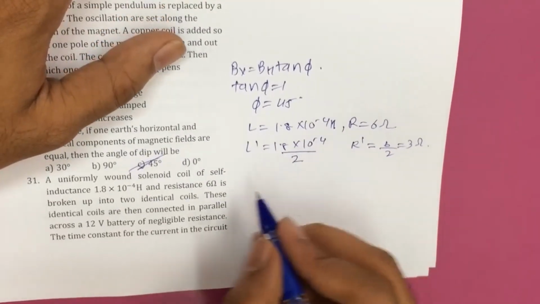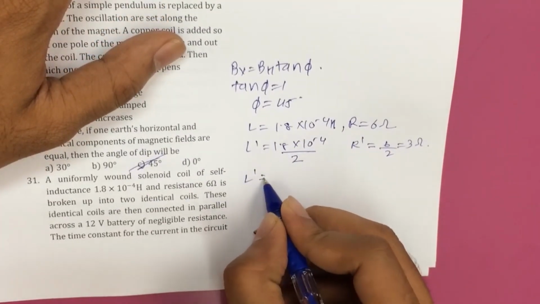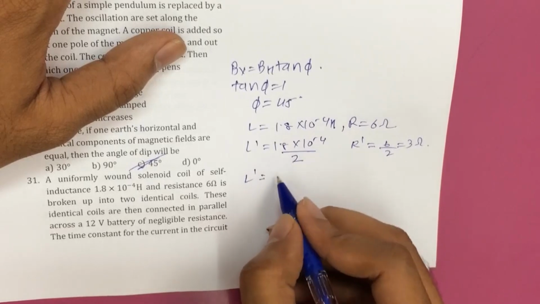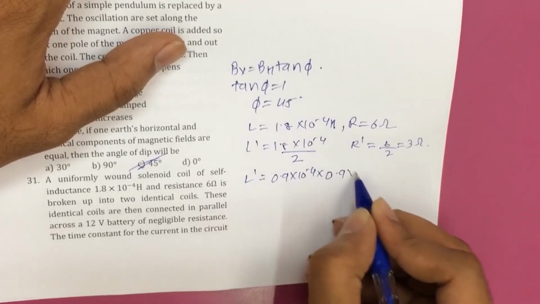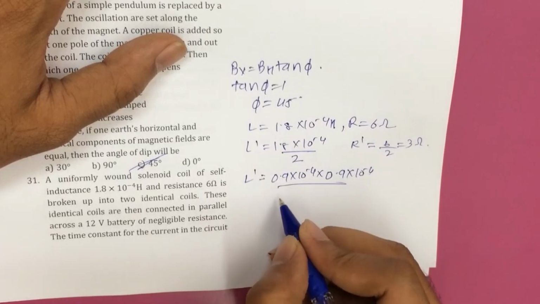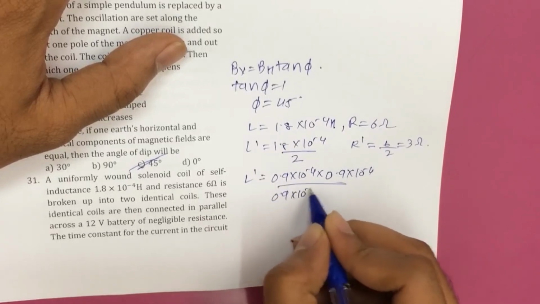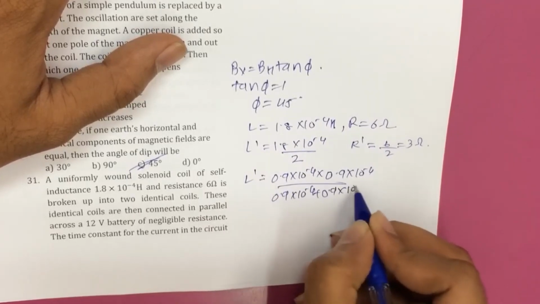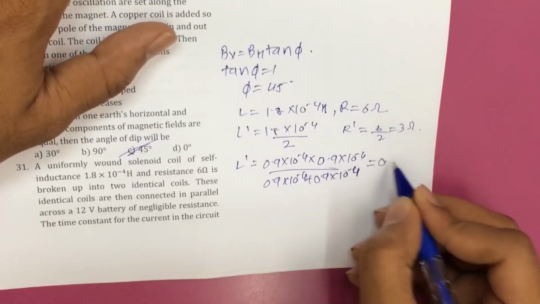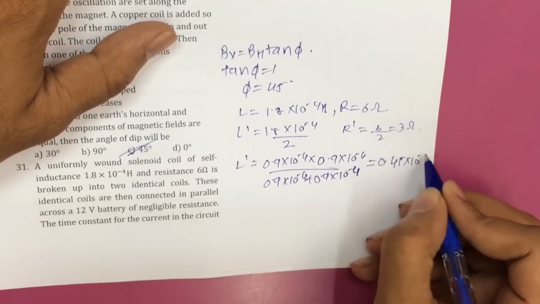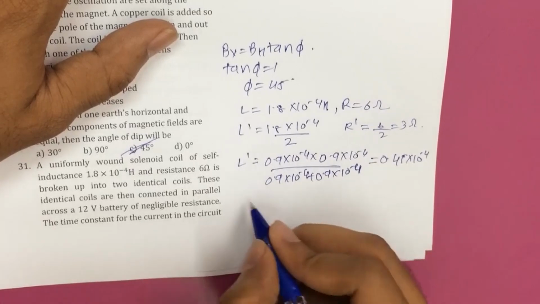Now the coils are connected in parallel. So your resultant inductance would be 0.9 multiplied by 10 raised to minus 4 multiplied by 0.9 into 10 raised to minus 4, divided by 0.9 into 10 raised to minus 4 plus 0.9 into 10 raised to minus 4, which would give me the answer as 0.45 multiplied by 10 raised to minus 4 Henry.